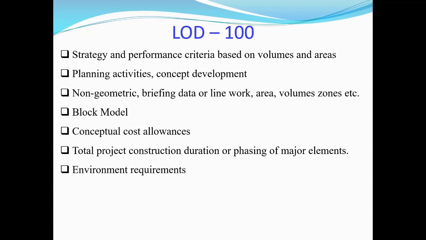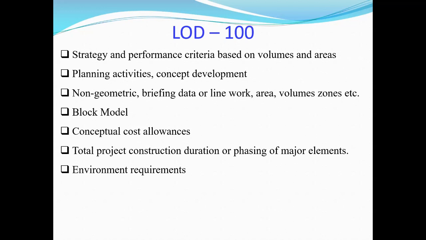If you know the cost based on the meter square, let's say I had to build a building, so I know per meter square how much cost, then I can calculate it. But if you want to calculate based on the concrete quantity or actual rebar quantity, this model may not be useful, right? So this model purpose is just rough geometry and it's a conceptual model, right?